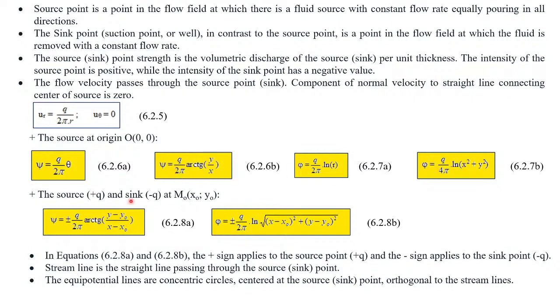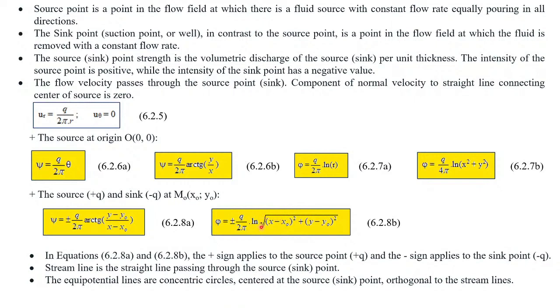So you can write phi and psi like this: psi equals plus or minus Q over 2 pi arctan. This becomes Y minus Y0 divided by X minus X0. And for this one, we use this formula: X minus X0 to the power 2 plus Y minus Y0 to the power 2.